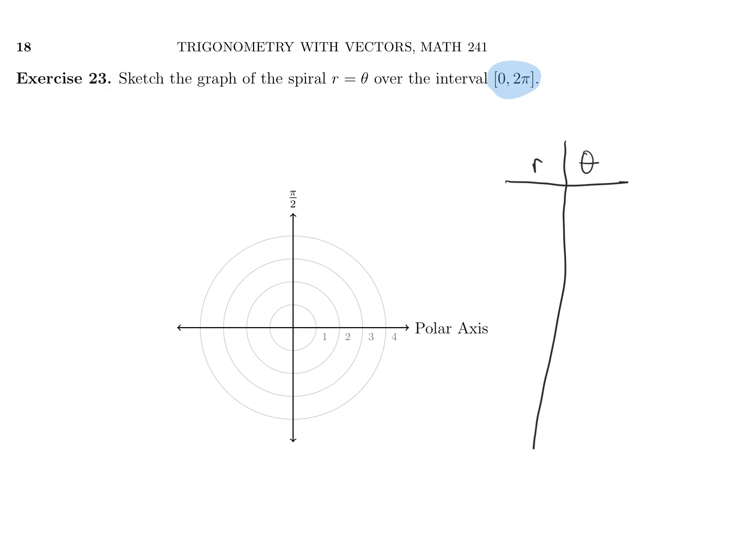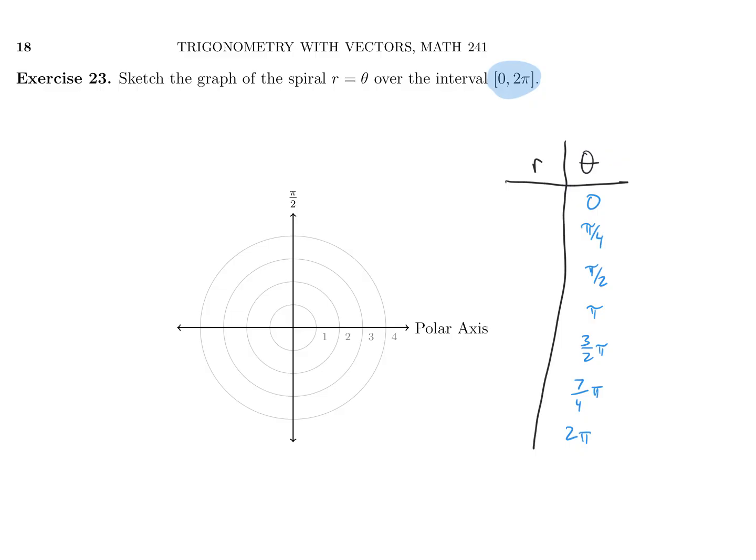So we just start at 0 and increase gradually. I'm going to go with 0, of course, pi over 4, pi over 2, pi, 3/2 pi, 7/4 pi, and 2 pi.